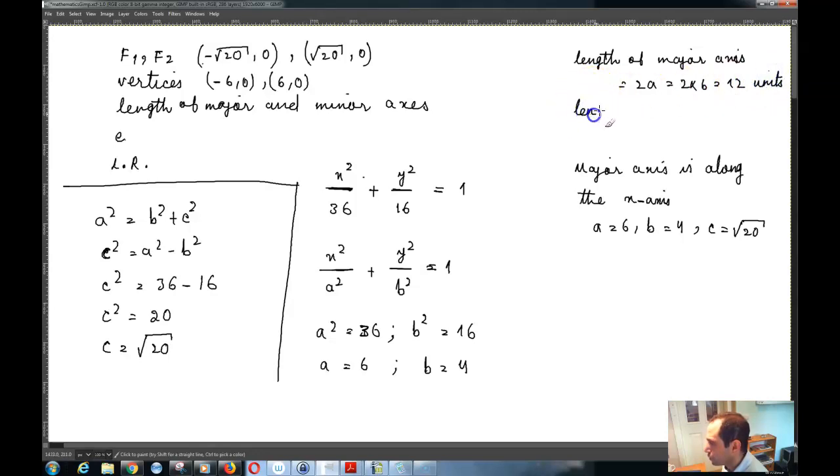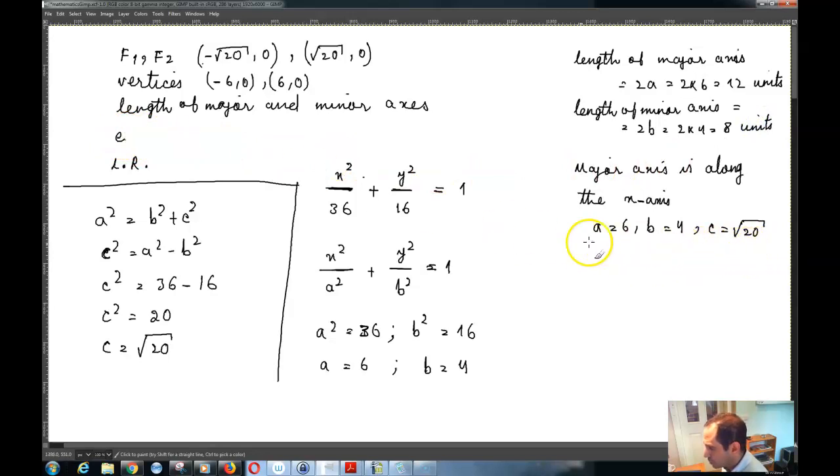The length of the minor axis is equal to 2 times b, which is equal to 2 times 4, which is equal to 8 units.